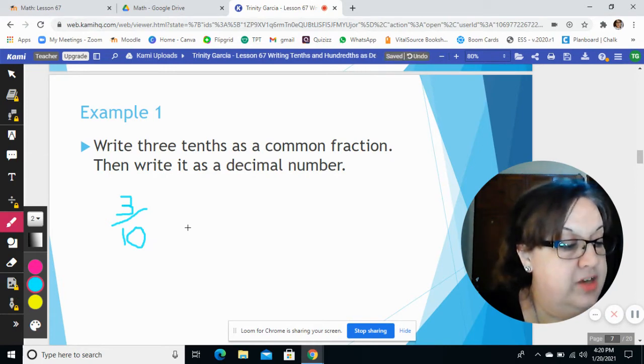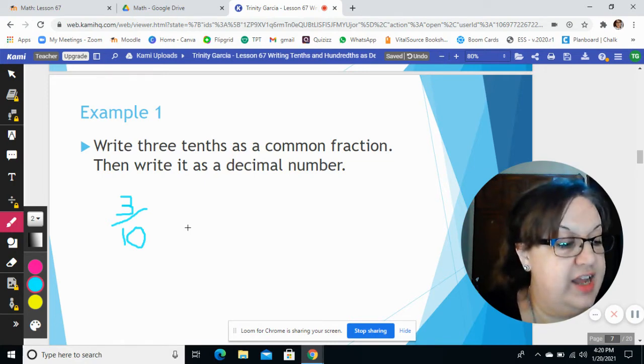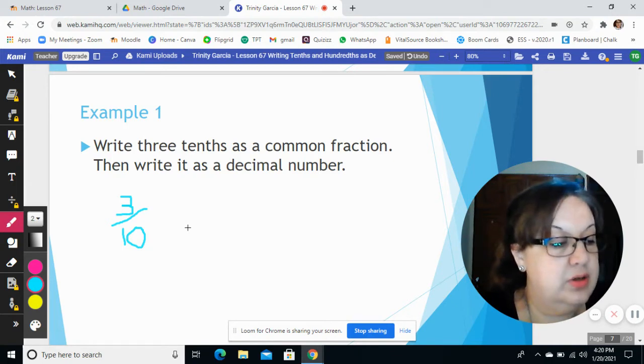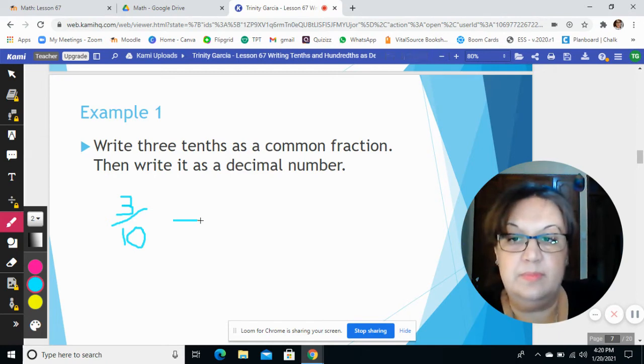A common fraction with a denominator of 10 can be written as a decimal number with 1 digit after the decimal point. The numerator of the fraction becomes the digit after the decimal point. So we write the decimal number 3/10 as that 0, right?